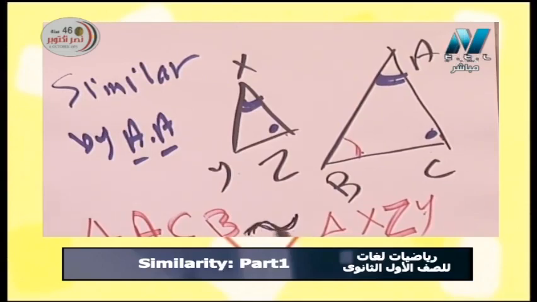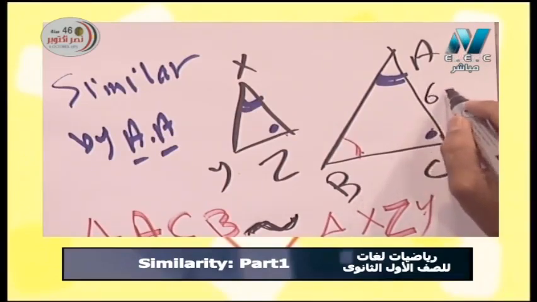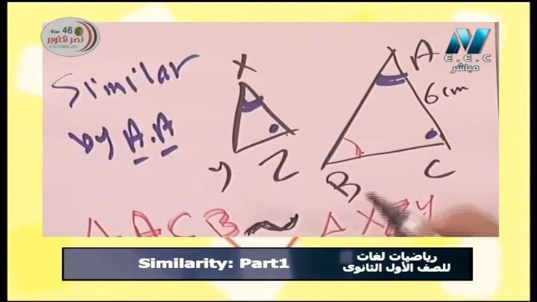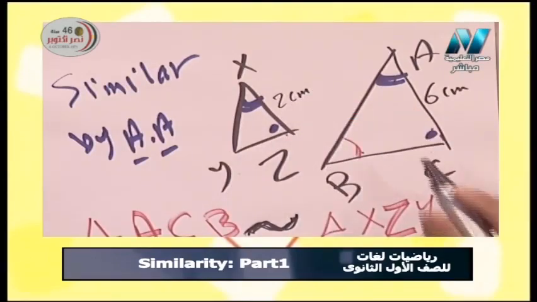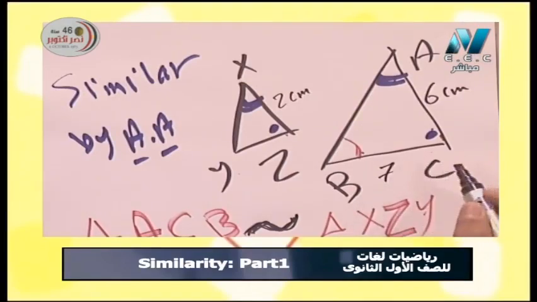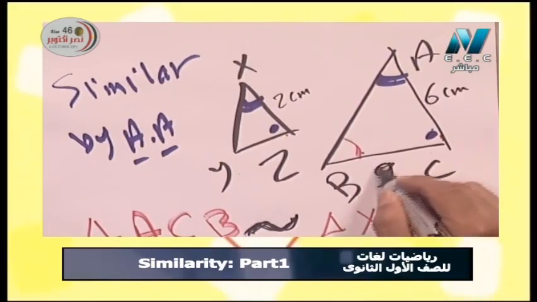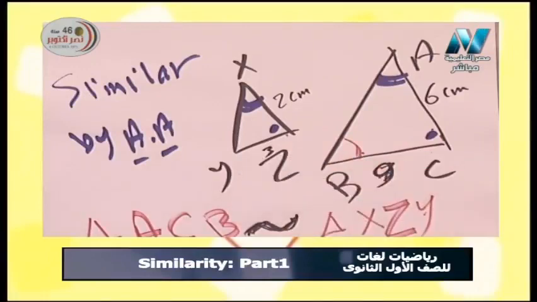And when we find the values of some sides, if we have AC equal to 6 centimeters here, and this one equal to 2 centimeters, BC equals 9 and this one is 3, 12 and 4.